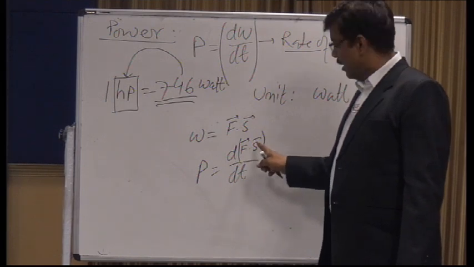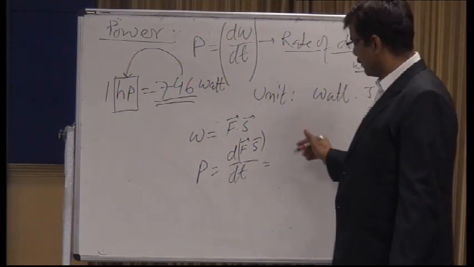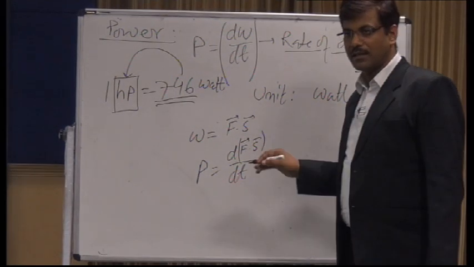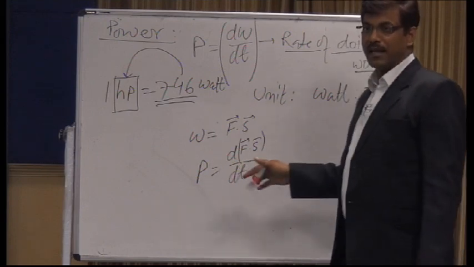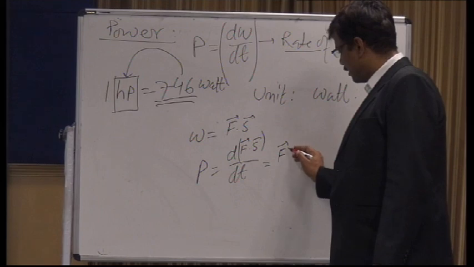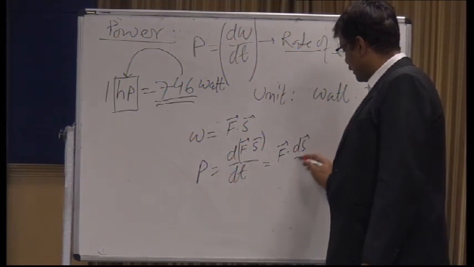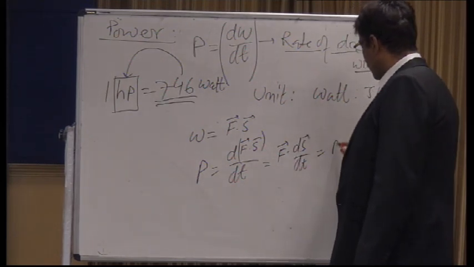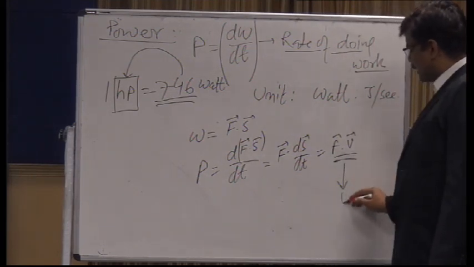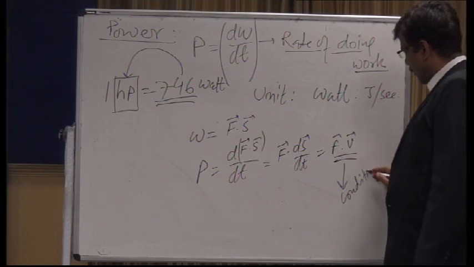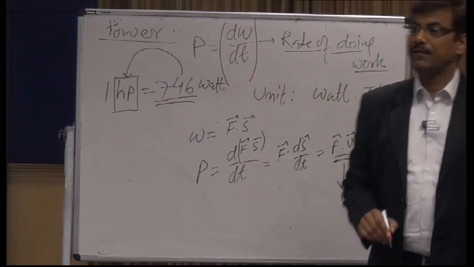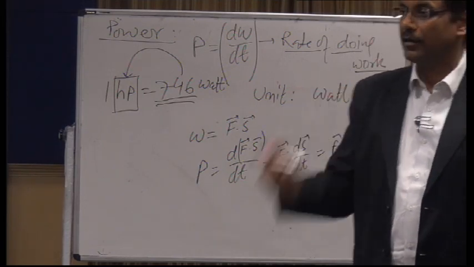Okay? Assuming that one of the things is constant, say cos theta is constant, f is constant, I can make this very simple. I can take f out and I can write this ds by dt, which happens to be v, so f dot v is power. But don't forget that this is conditional. Otherwise, if f is not constant, then we have to apply that product rule.